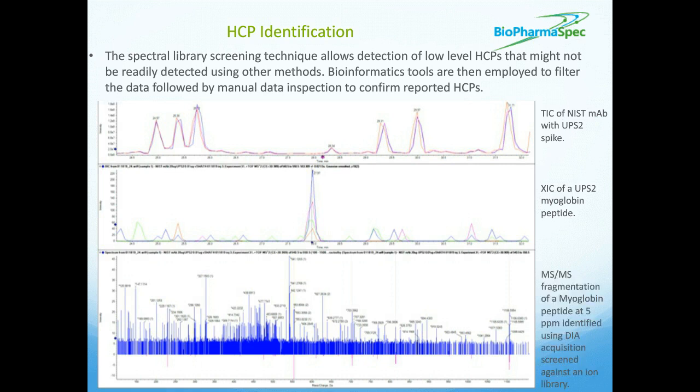And we can see that there are several very strong Y ions visible in the bottom picture. So this all confirms that we know the identity of this peptide.